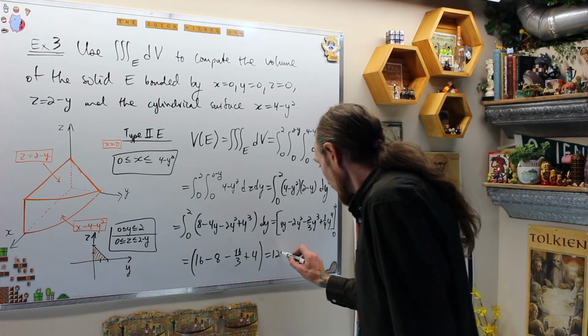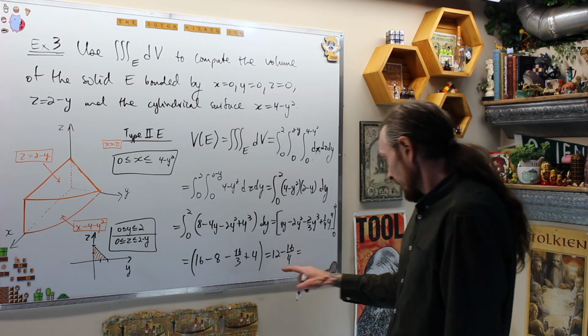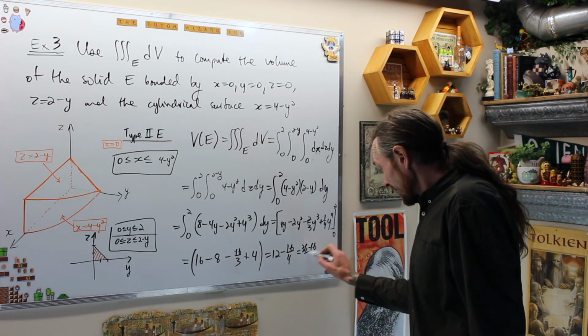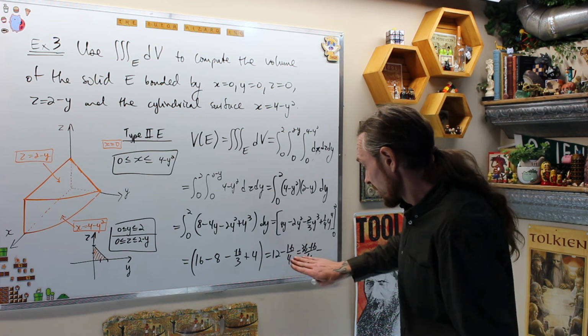So we're going to get 12 minus 16 over 3.